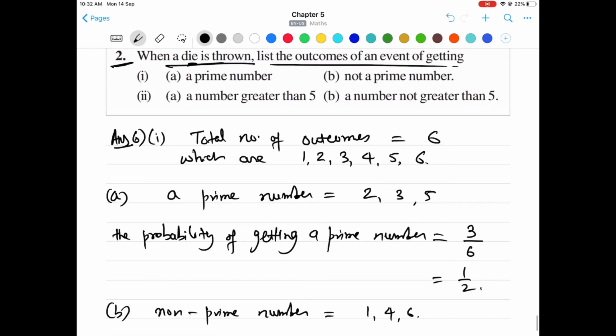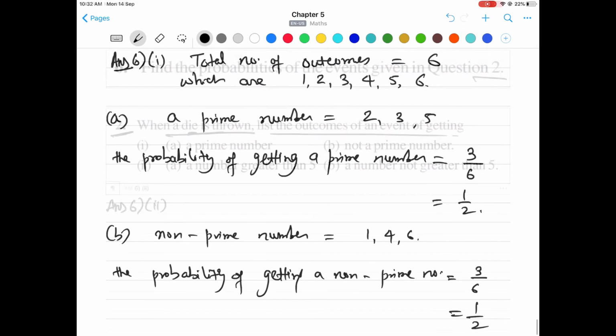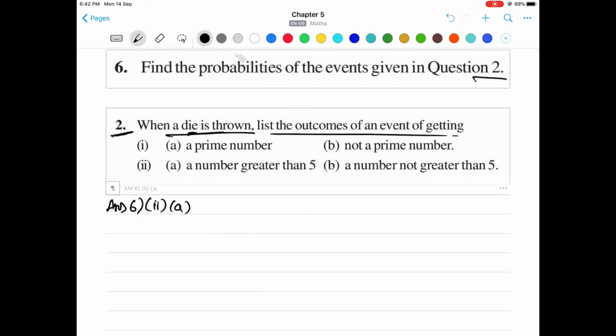Now moving ahead to the next one, we have a number greater than 5 and a number not greater than 5. Okay, now part 1 of the second part. We are asked for a number greater than 5. A number greater than 5 is only one number, which is 6.